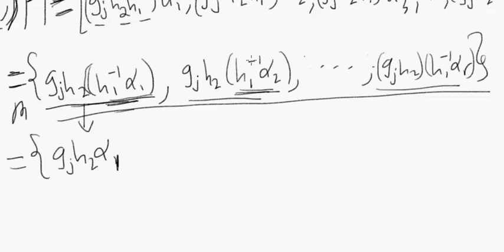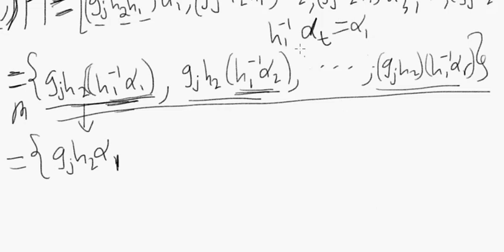And the reason is that because H1 inverse H is a permutation of H, for some alpha in our setup, let's use another notation, alpha t, H1 inverse alpha t is just equal to alpha 1, right?